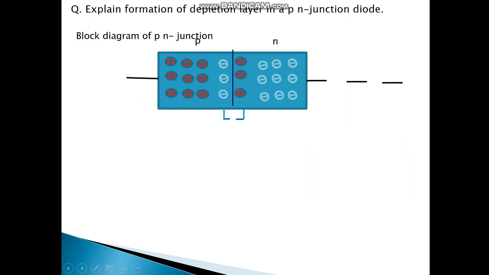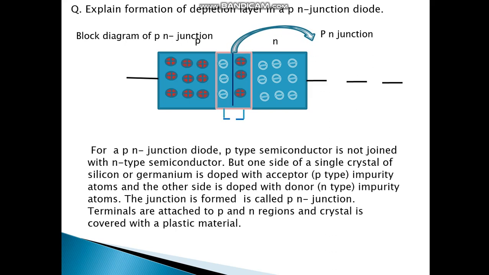Now let us see a p-n junction diode. This is the block diagram of a p-n junction diode with p-type and n-type on both sides. This is the p-n junction. For a p-n junction diode, the p-type semiconductor is not joined with the n-type semiconductor, but one side of a single crystal of silicon or germanium is doped with acceptor p-type impurity atoms and the other side is doped with donor n-type impurity atoms.